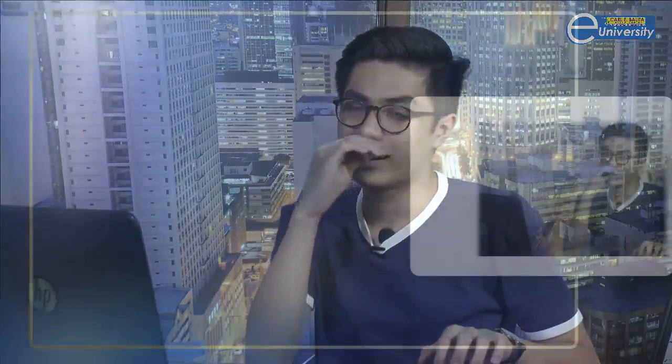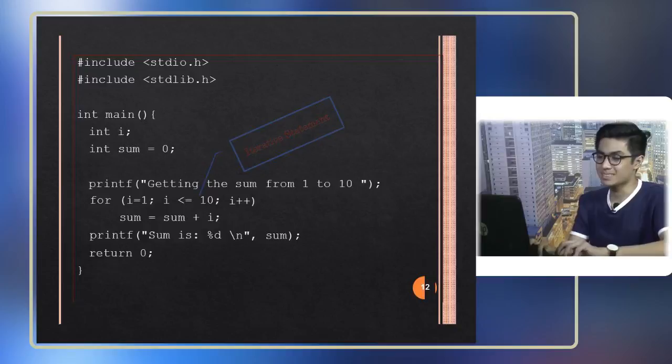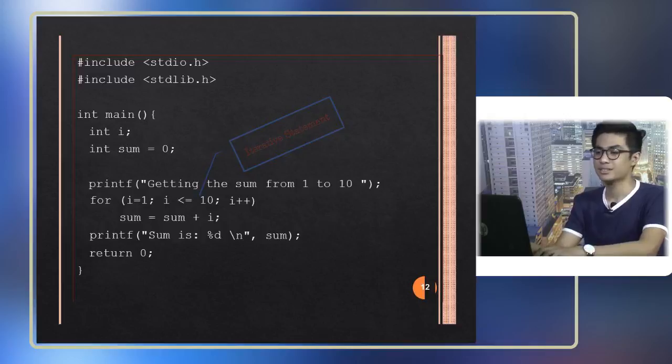So now let us move on to iterative statements. Iterative statements are maybe confusing at first, but with some practice, I think you'll get the hang of it. So first, let's declare int i, and then int sum.